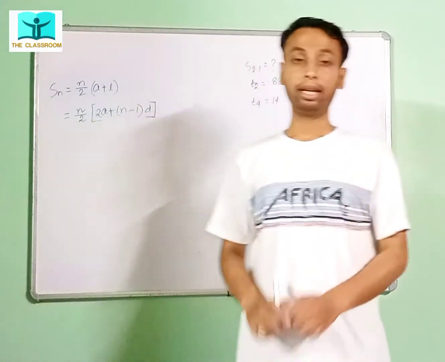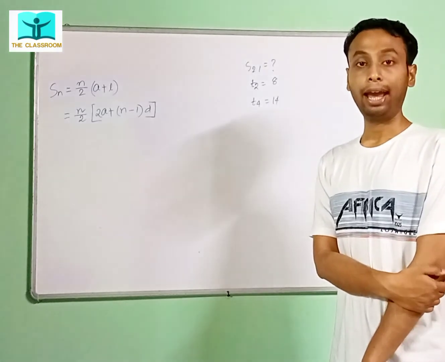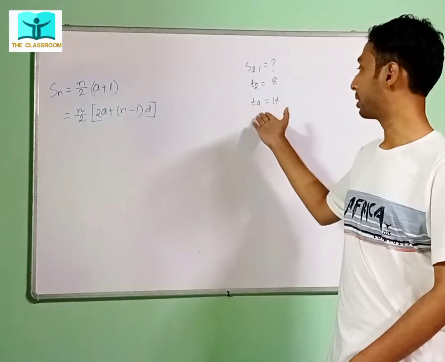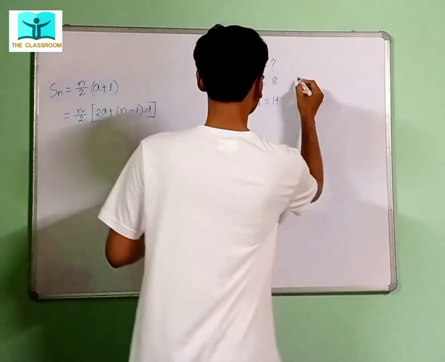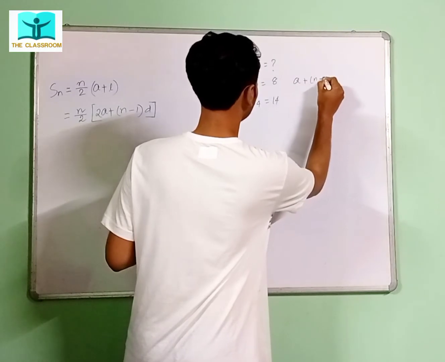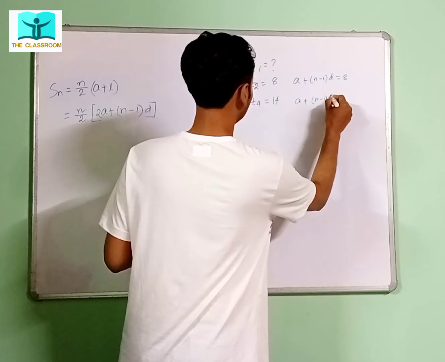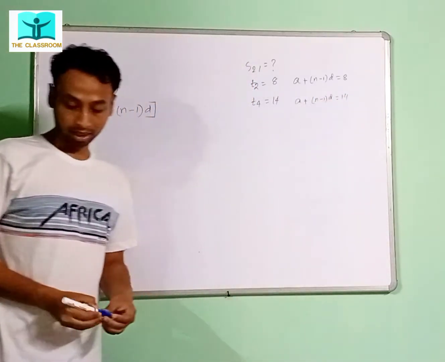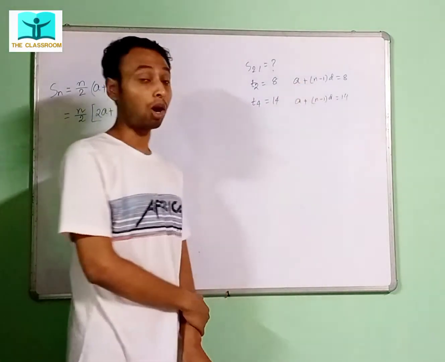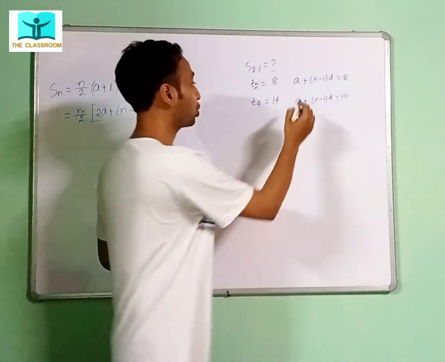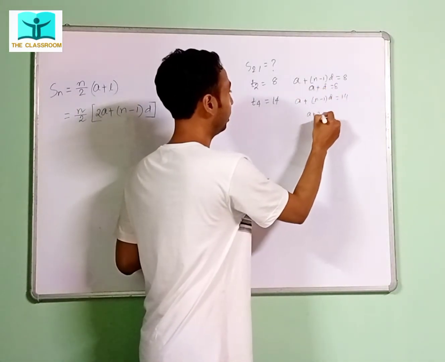If we apply the formula Tn equals a plus (n minus 1) into d to T2 and T4, with 8 and 14, we get the equations a plus d equals 8 and a plus 3d equals 14.